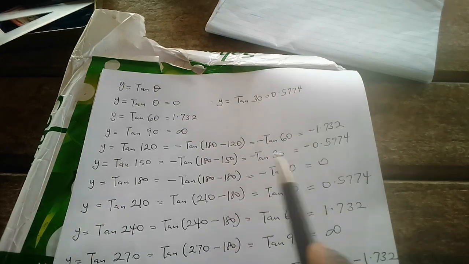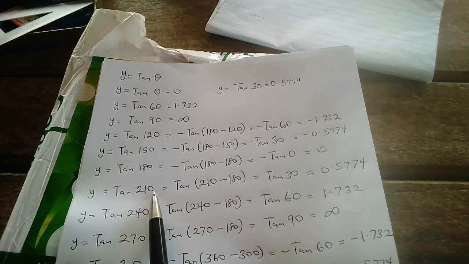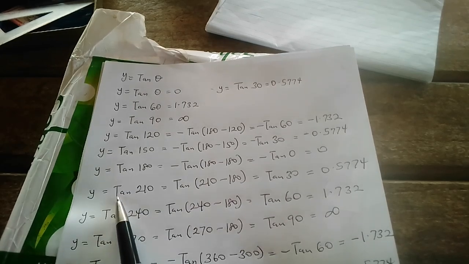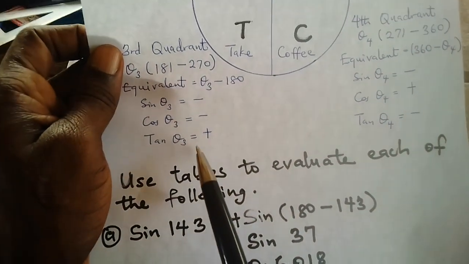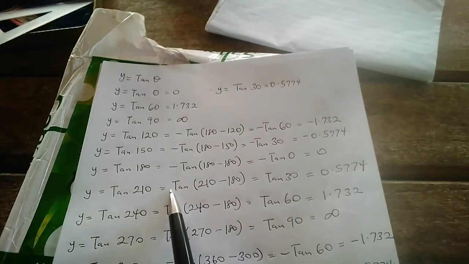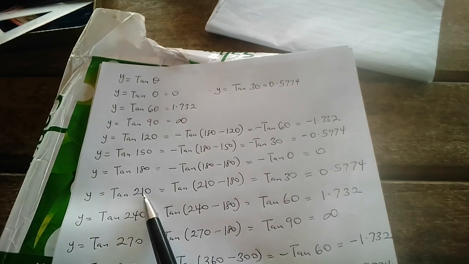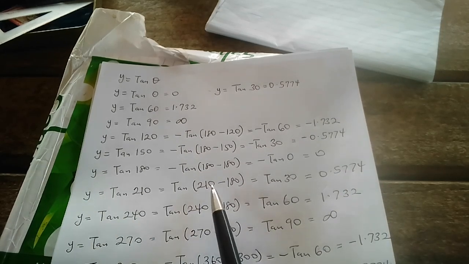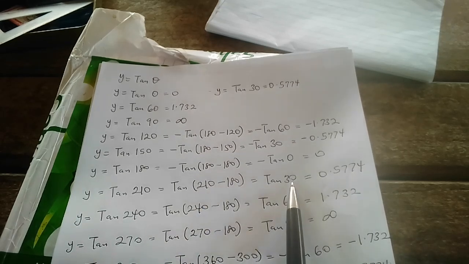Then when theta is 210, you realize that we are now in the third quadrant. Now the value of tangent in the third quadrant is what? Positive. So the equivalence of 210 in the third quadrant is 210 minus 180, which is 30.